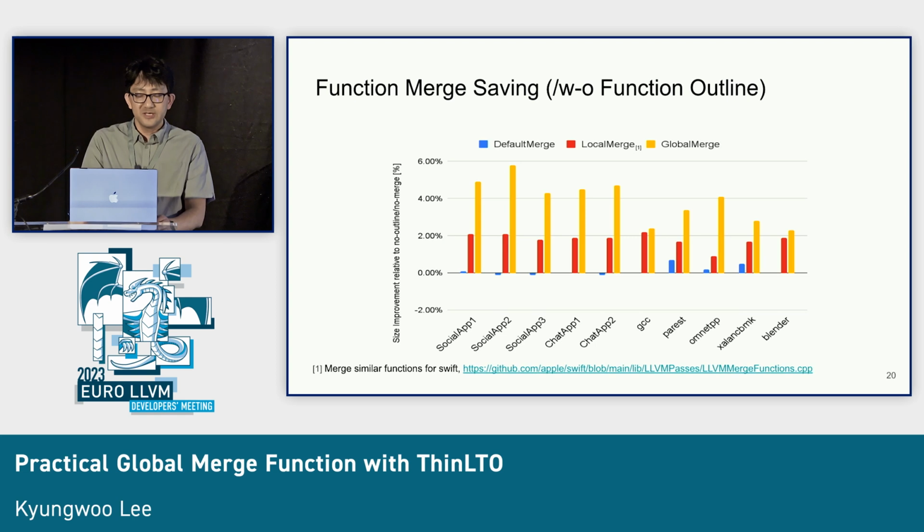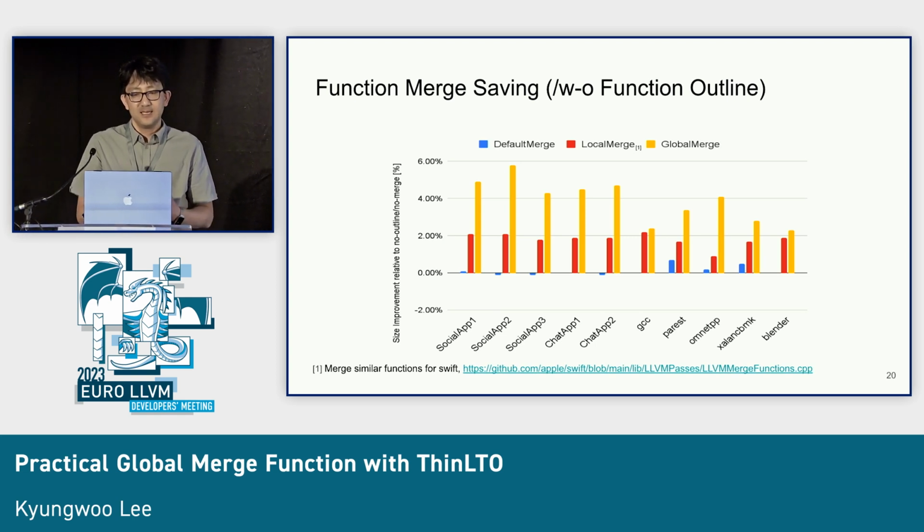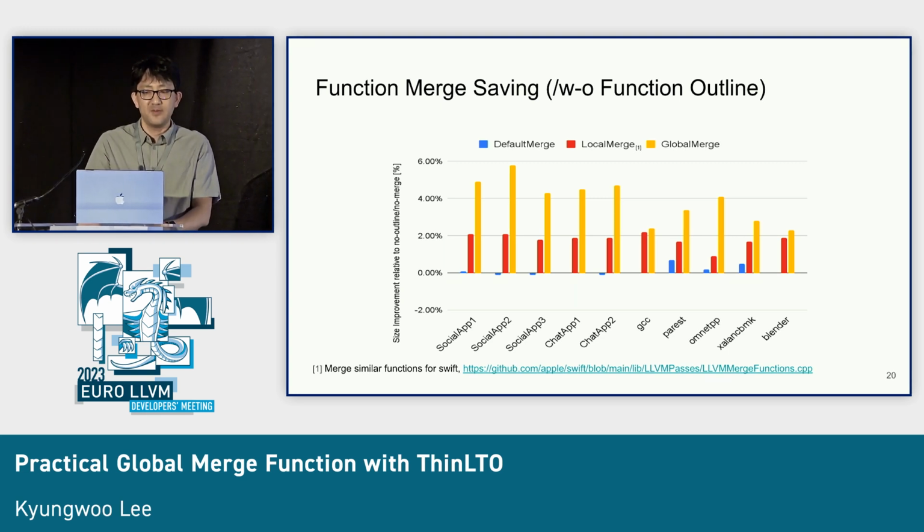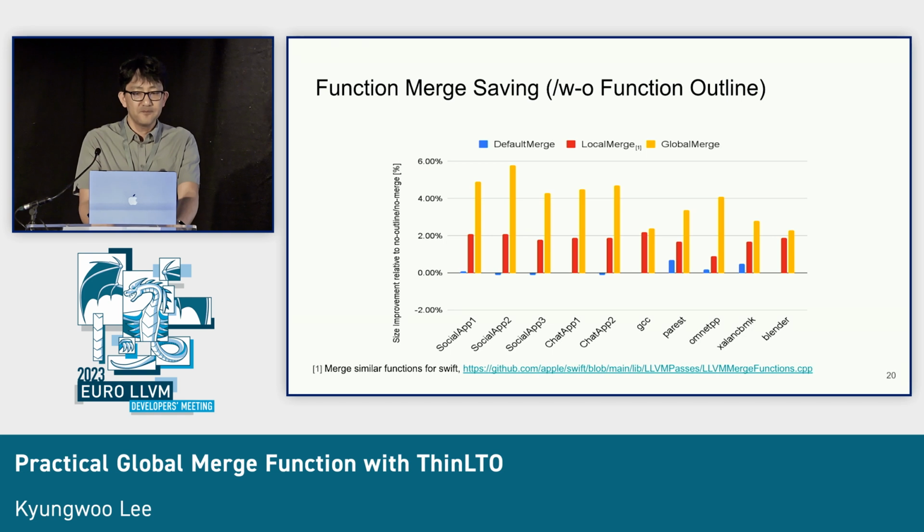The local merger is the one that we ported over from the Swift function merger pass to the main LLVM LTO pass so that we can use it. This function merger also does a decent job, saving up to 2% in our code base. Lastly, once we enable the global merger, we can see up to almost 6% code size saving in some iOS apps.